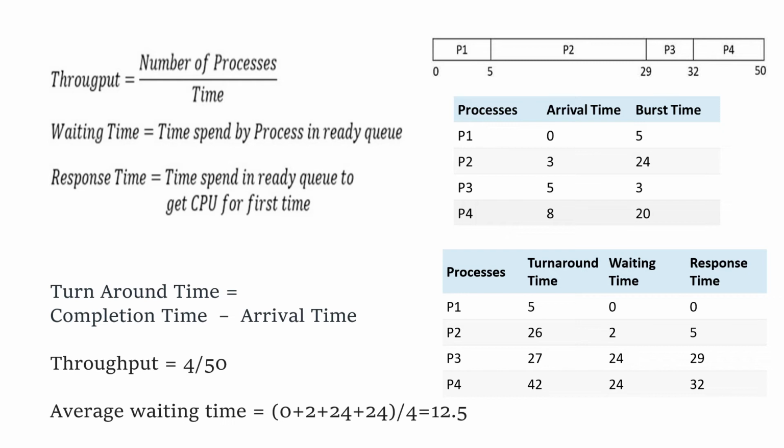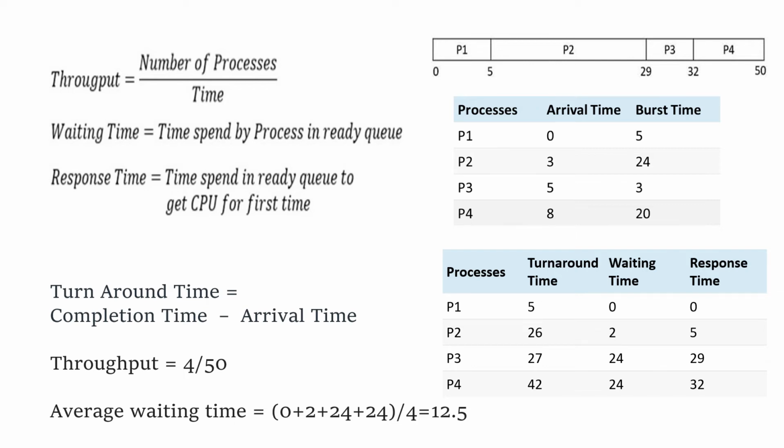There are various other measures that are used to assess a scheduling algorithm. They are throughput, response time, and turnaround time, and we can calculate these measures also. The response time will be the time spent in the ready queue to get the CPU for the first time.